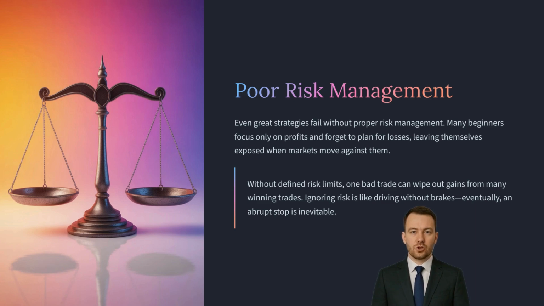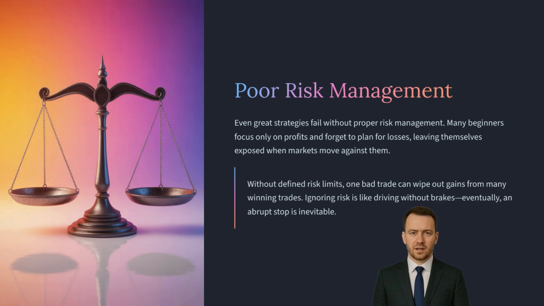Many beginners focus only on potential profits and forget to plan for losses, leaving themselves exposed when the market moves against them. Risk management is all about controlling how much you could lose on any given trade and protecting your capital from big drawdowns. Why this is a problem? Without defined risk limits, one bad trade can wipe out the gains from many winning trades.